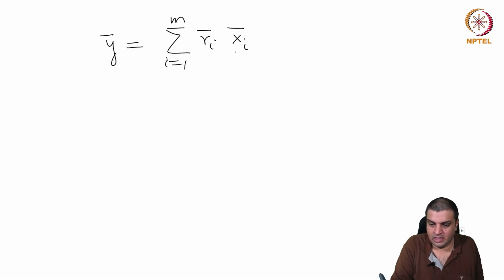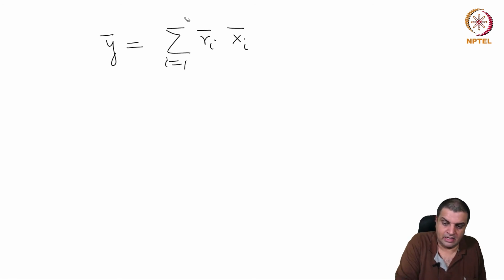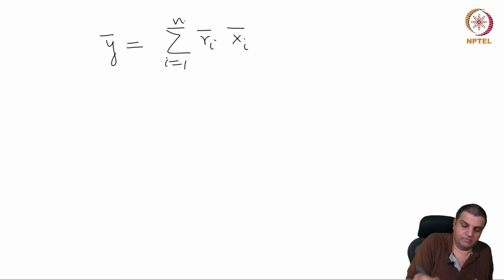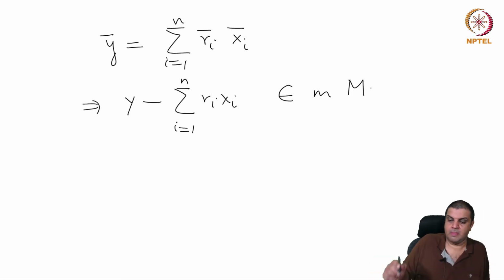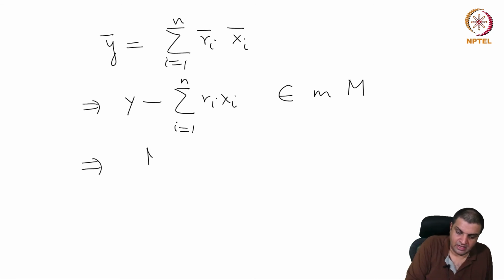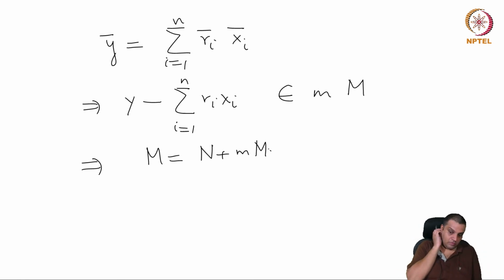This is the hypothesis that M mod mM is generated by these n elements. Okay, but what does this mean? This means that Y minus the sum is inside mM. So every element can be written as an element of N plus an element here. So this implies that M is equal to N plus mM.